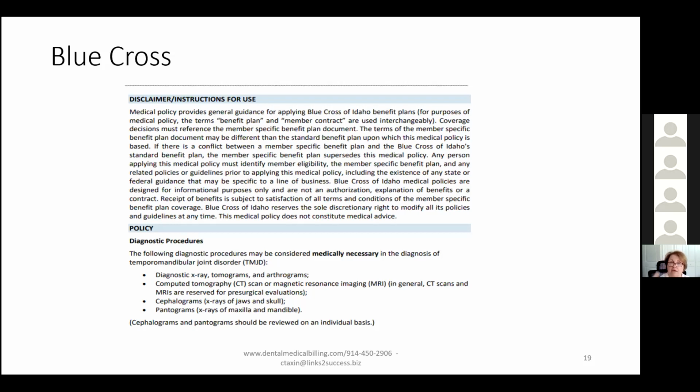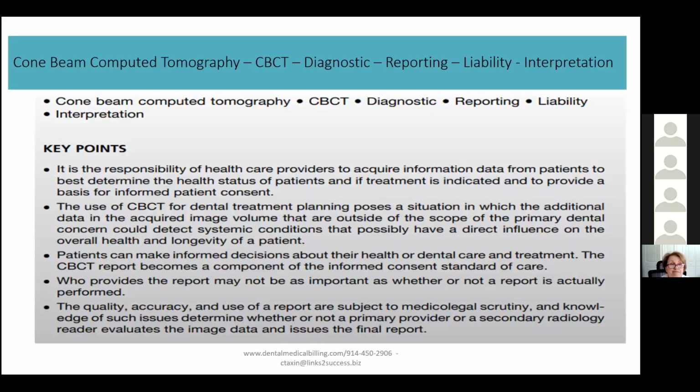not as what we took, but what we saw within those scans. So the key point for all of this is it's the responsibility of the healthcare provider to acquire information and data from the patient to best determine the health of patients, and if treatment is indicated, to provide this for informed consent, and you must have informed patient consent.